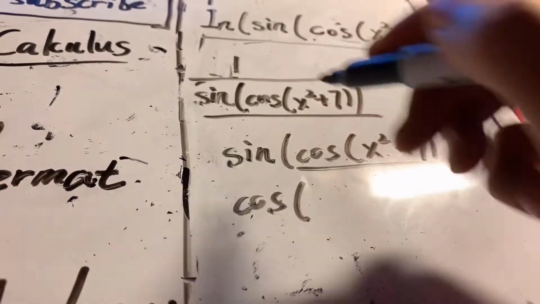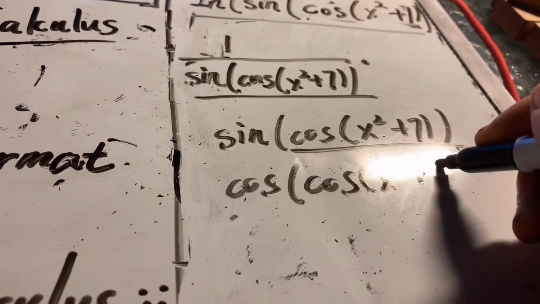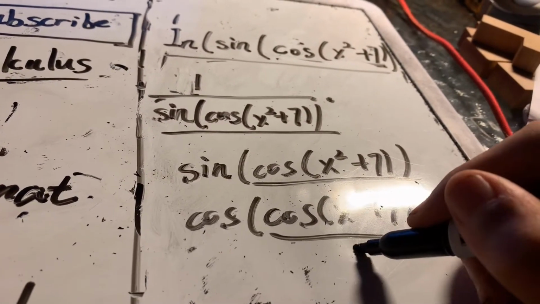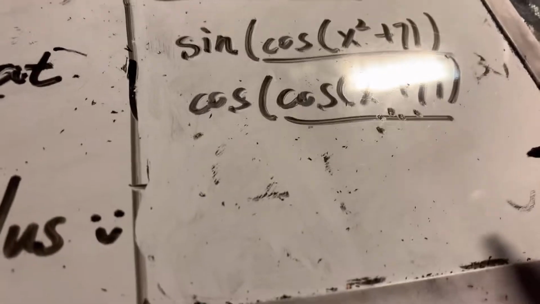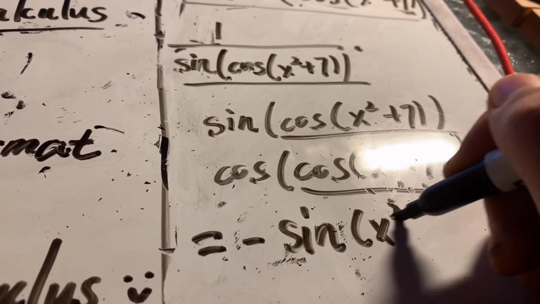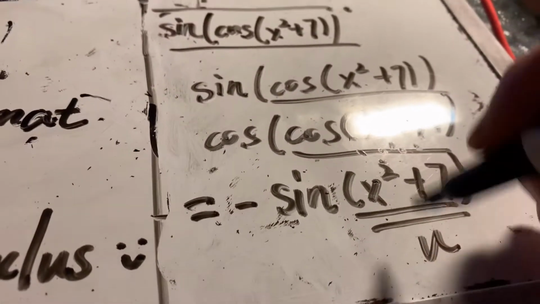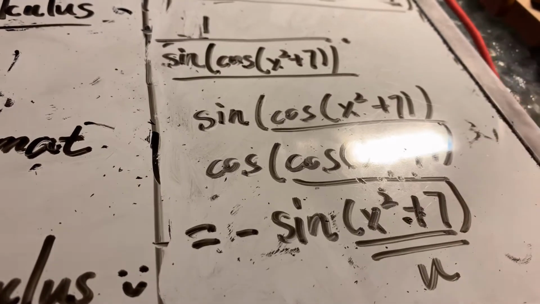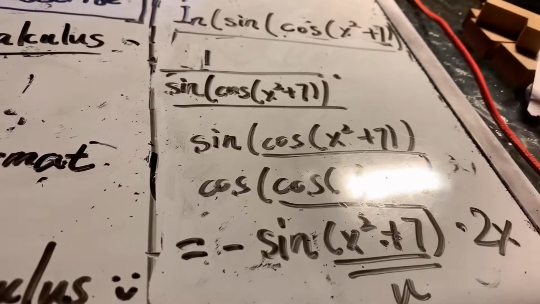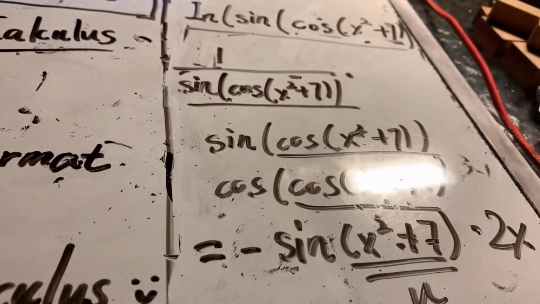The derivative of sine is cosine of x squared plus 7. Then you multiply by the derivative of that, cosine of x squared plus 7. Now you set the inside as u and calculate the derivative again, so you need to multiply by 2x at last. The final answer is this times this times this times this times this.